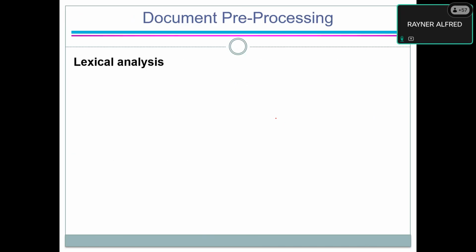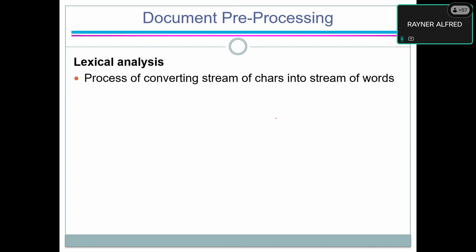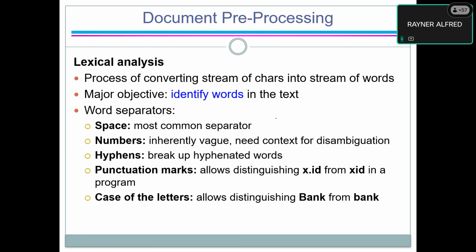So if we look at the first one, basically this is the process of converting a stream of characters into a stream of words. So we want to do the tokenization. The major objective is to extract words from the document that we have. Normally we look at the space as the separator.